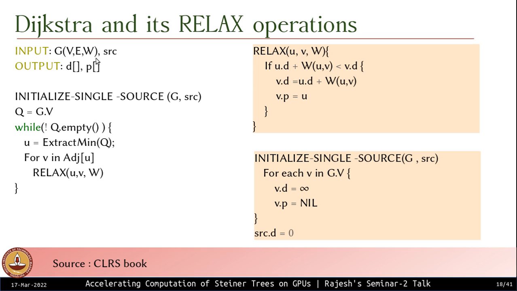The parent array is otherwise called the predecessor in the literature. We initialize the parent array and the distance array to sentinel values, and we initialize the source's distance to 0. Notice these are the important pointers which we will be using in our optimization technique. As we said earlier, Dijkstra picks one element from the queue and relaxes all the neighbors.